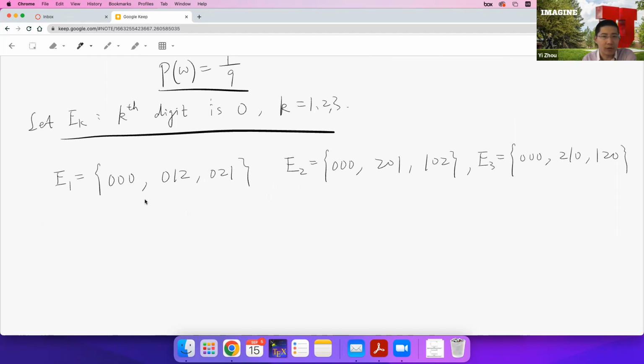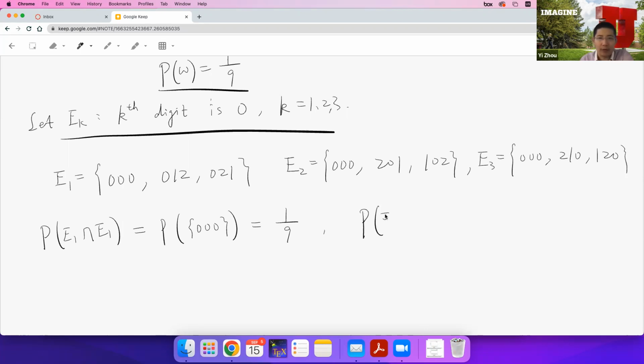The first pair could be E1 and E2. I first calculate the probability of the joint event by taking the intersection of the two. We are looking at this one only, and that's their intersection. This happens with probability 1/9.